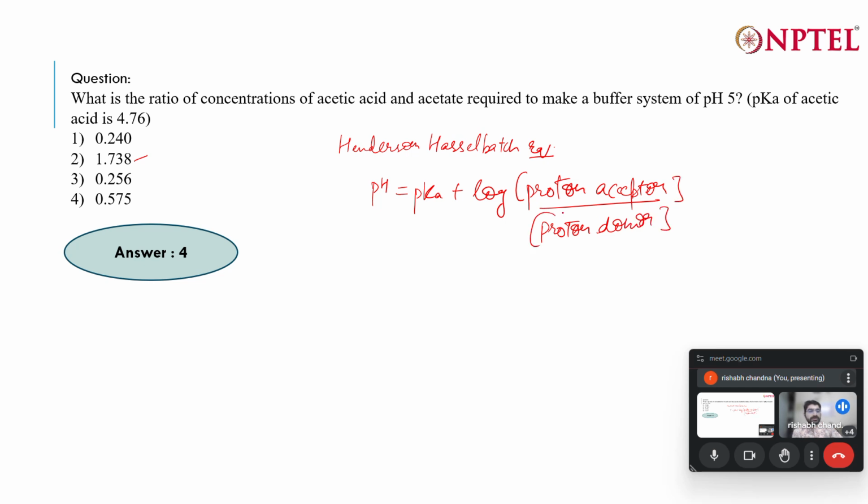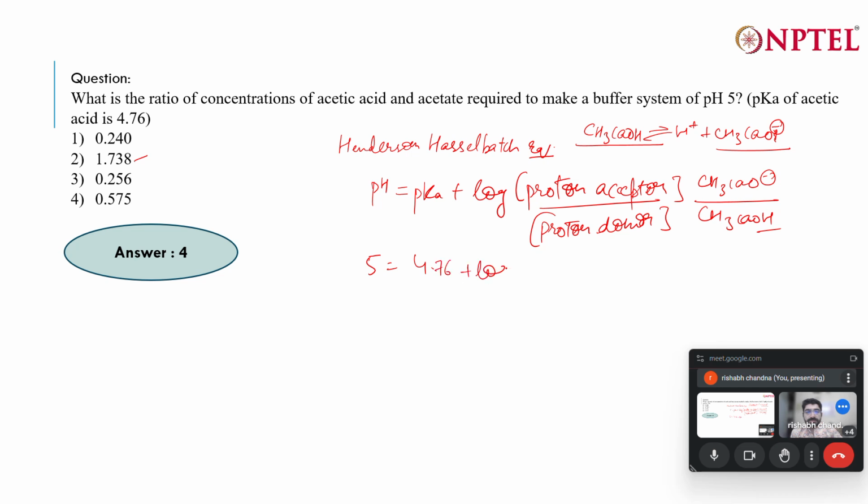So these are the ratio of the concentrations. Okay, so if we are considering the acetic acid case, then this would be the proton acceptor and this would be the proton donor. Okay, so here it will come CH3COO negative and CH3COOH. Okay, so now the pH is given as 5, pK value is 4.76, so log.